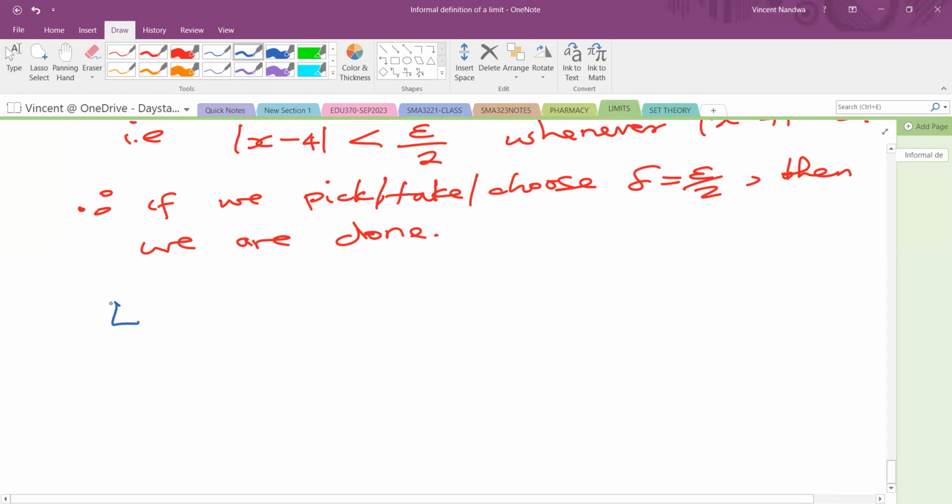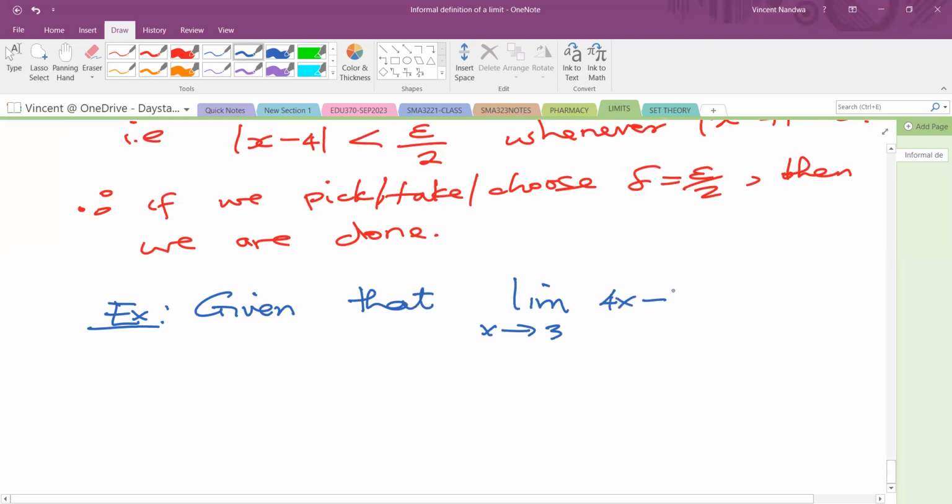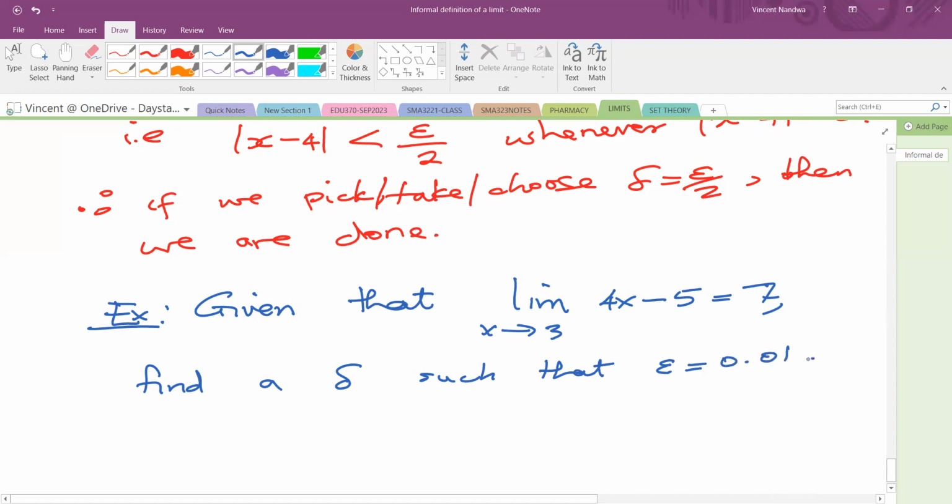For instance, given that the limit as x approaches 3 of 4x minus 5 equals 7, find a delta such that epsilon is equal to 0.01.